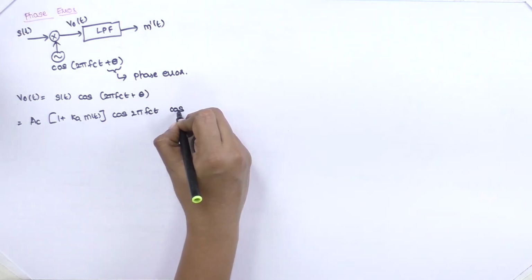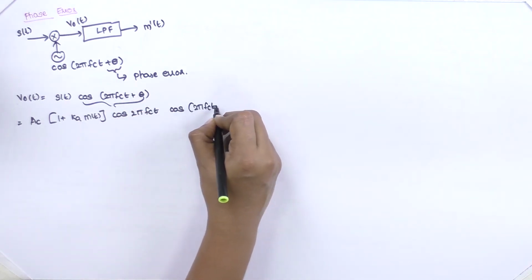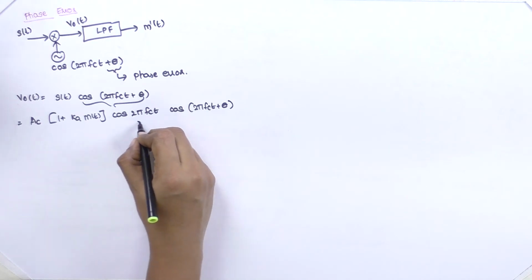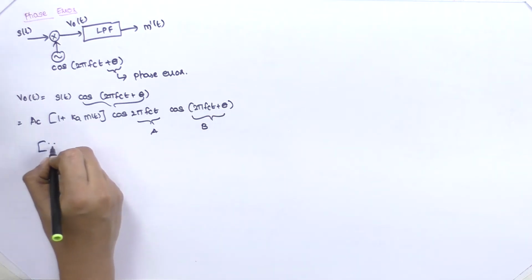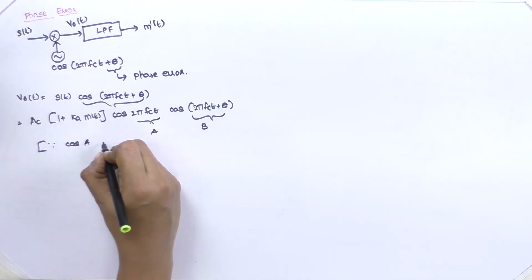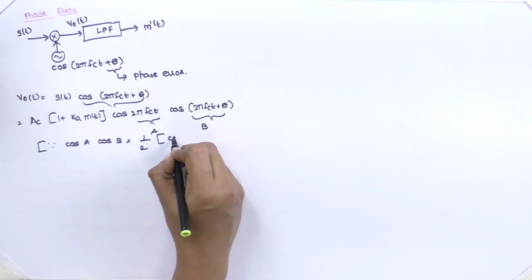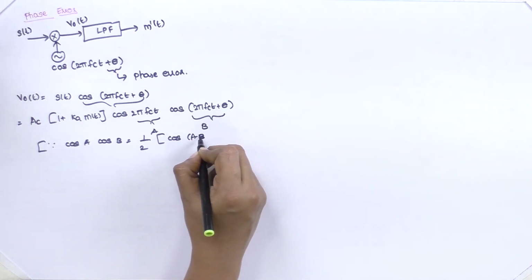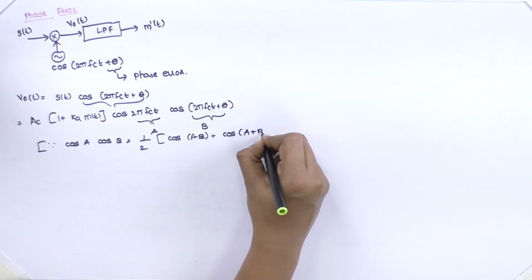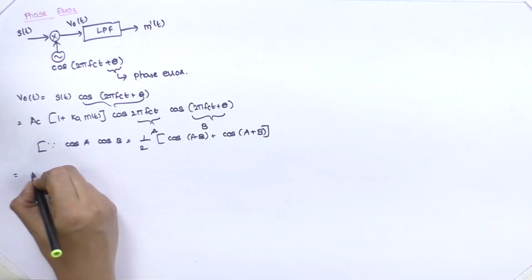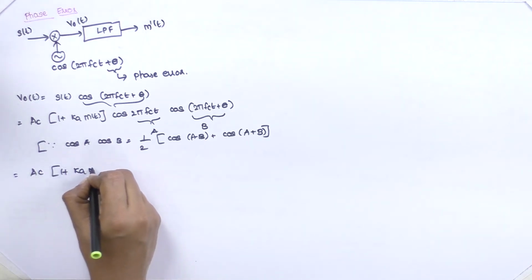Here again it is multiplied by the factor cos of 2 pi fct plus theta. Again it is in cos A cos B form, this is referred to as A and this is referred to as B. Therefore, cos A cos B in trigonometric identity will be given as 1 by 2 cos A minus B plus cos A plus B.